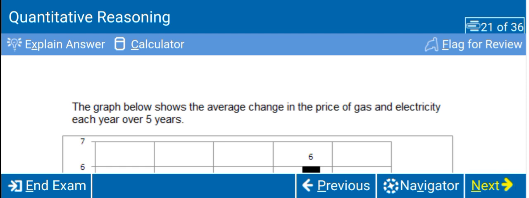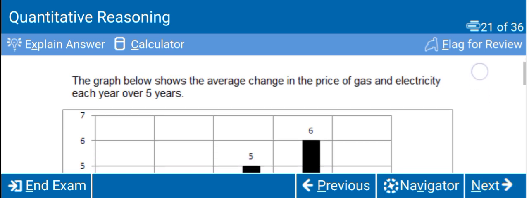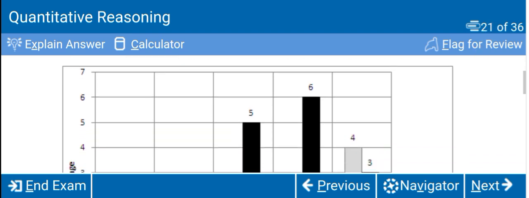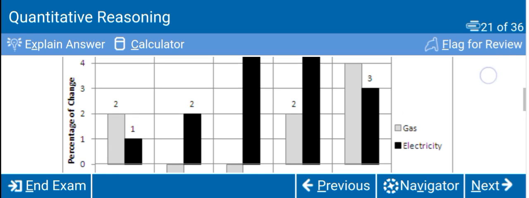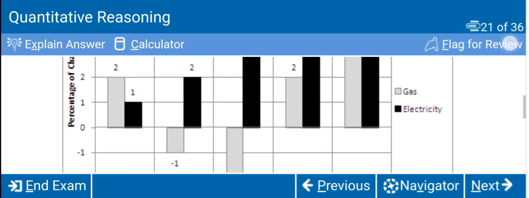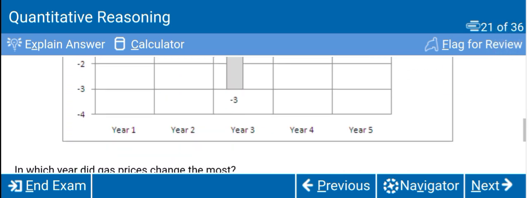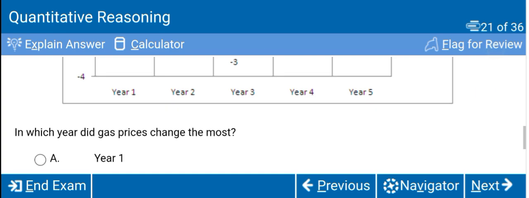Next question we have, question number 21, which says the graph below shows the average change in the price of gas and electricity each year over 5 years. So here we have a graph, as you can see here, percentage of change, then we have gas and electricity, year 1 to 5.